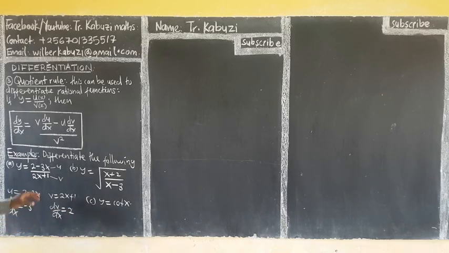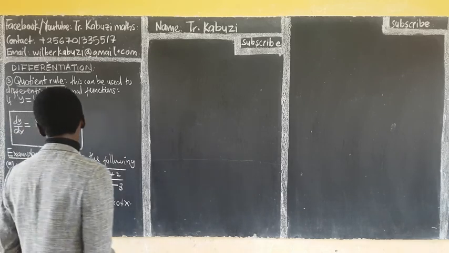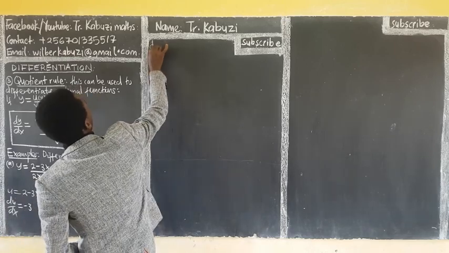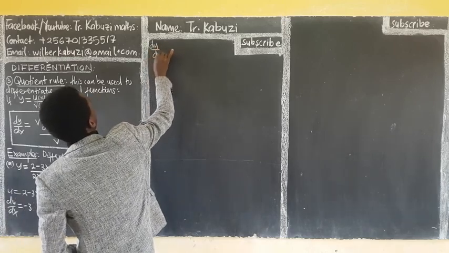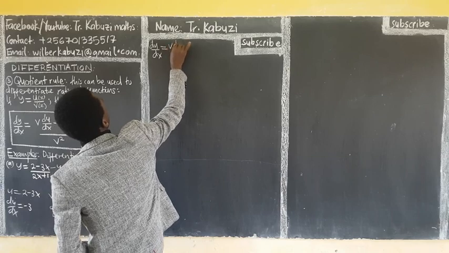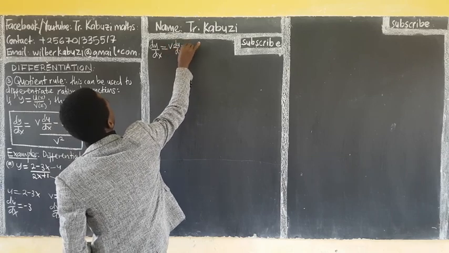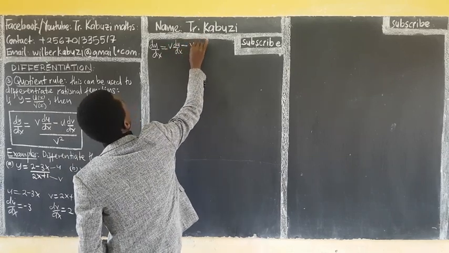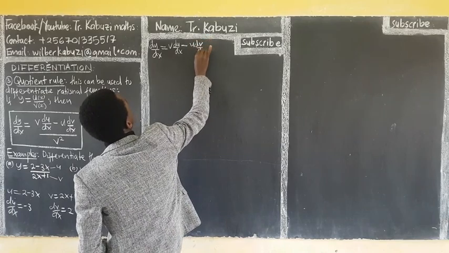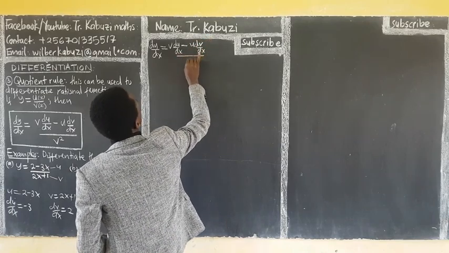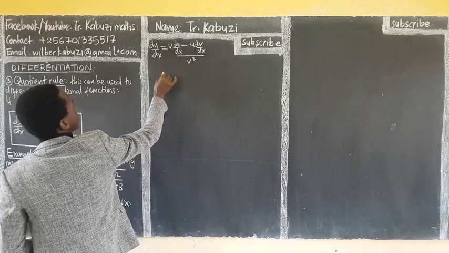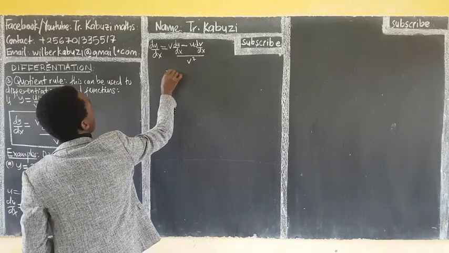After doing this, I substitute into the formula. Our dy/dx is going to be v du/dx minus u dv/dx, the whole over v squared.